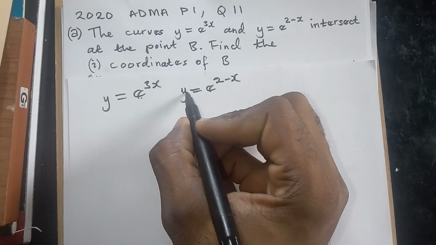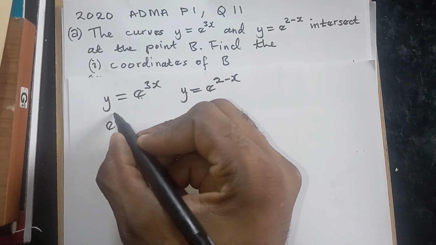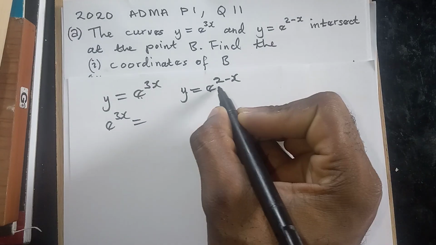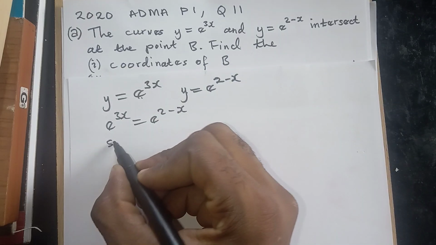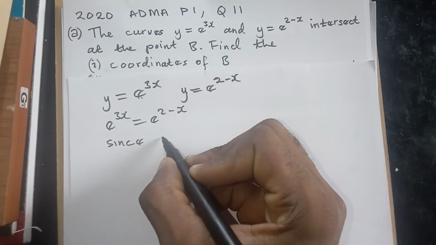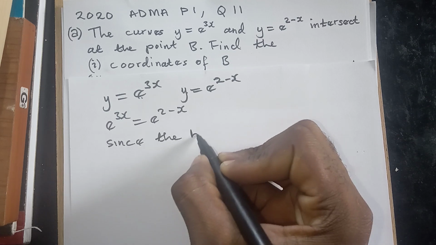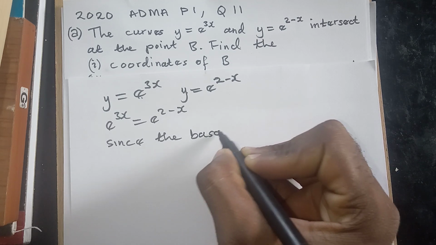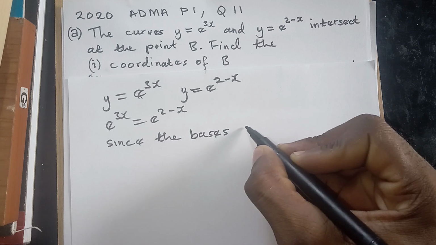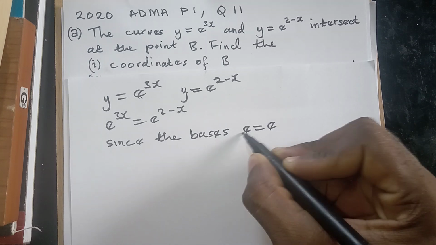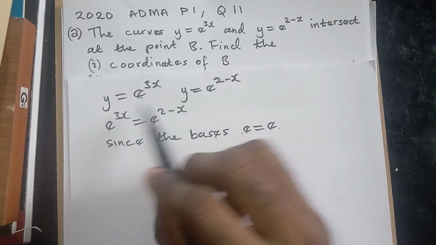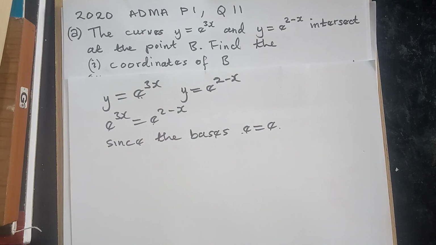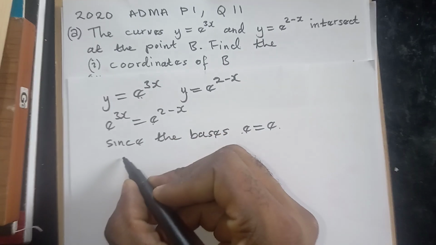I'll substitute this in there, and since the bases are the same, since this is equal to this, it means the powers must be the same, or else these two will not be the same.